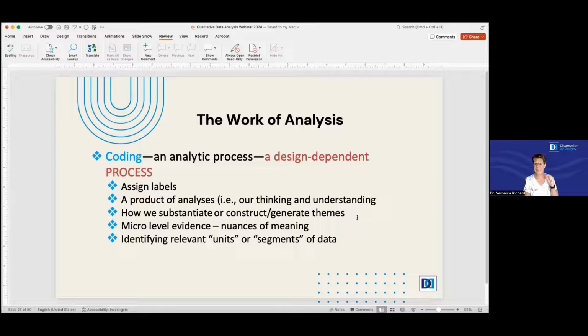This is a design-dependent process of assigning labels, and we use different language depending upon the design. So if you're thinking, oh, no, I'm actually looking for personal themes at this point, that is specific to phenomenology, and that's the language we use. But we're still doing the same process, if you will.